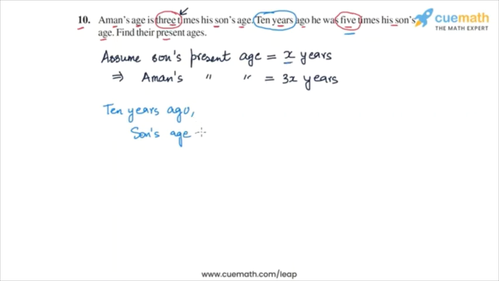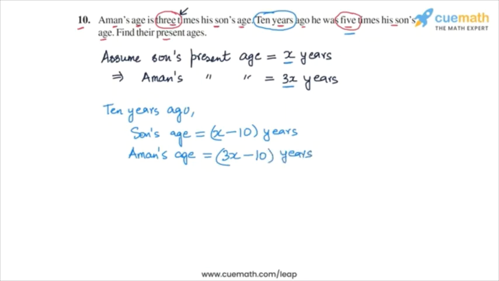So 10 years ago, it will be x minus 10 because you'll have to subtract 10. So 10 years ago, son's age will be x minus 10 years. And what about Aman's age 10 years ago? Today in the present, his age is 3x years. So 10 years ago, it will be 3x minus 10. 3x minus 10 years. Okay, great.